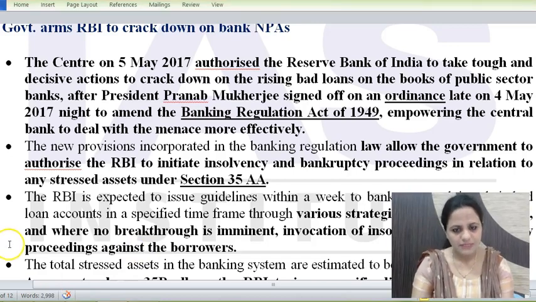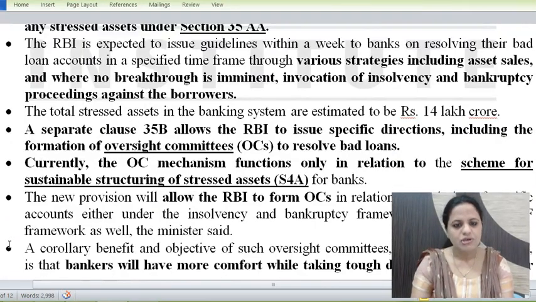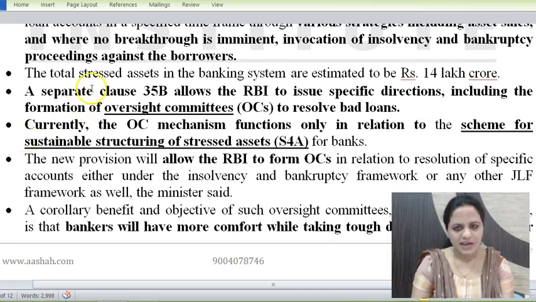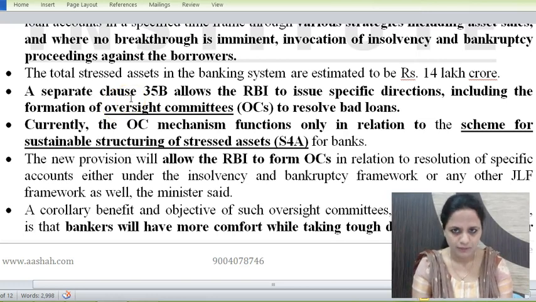So now what powers have been given to the RBI, we'll see. So one case is regarding the RBI. It can issue specific directions including formation of oversight committees. So these oversight committees are important to resolve the bad loans problem, because when there are stressed assets, restructuring of assets, if possible, should be done. So always to make this asset viable, meaning the loans which the banks have provided become viable, steps have to be taken.